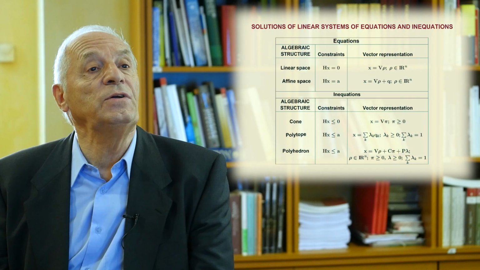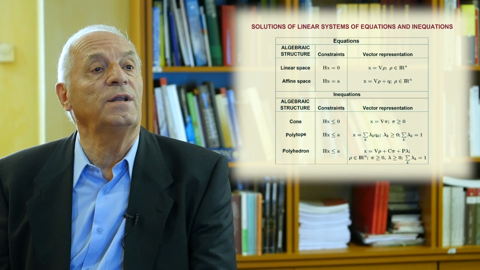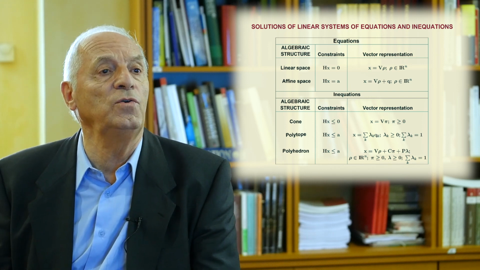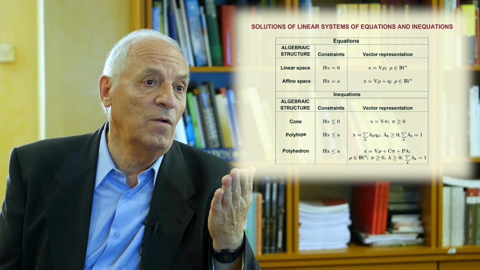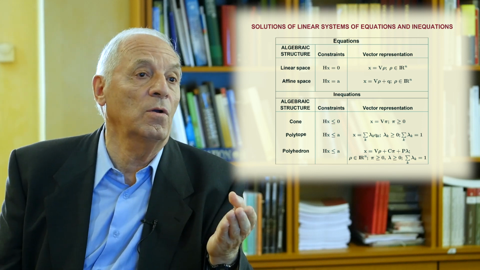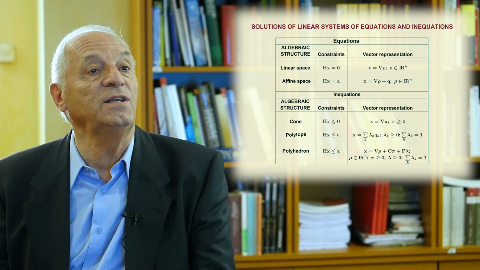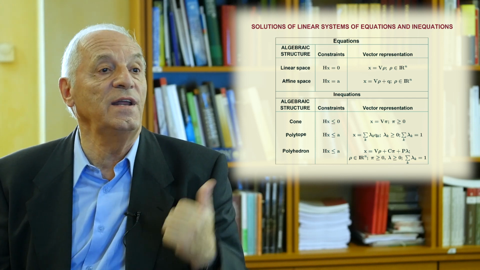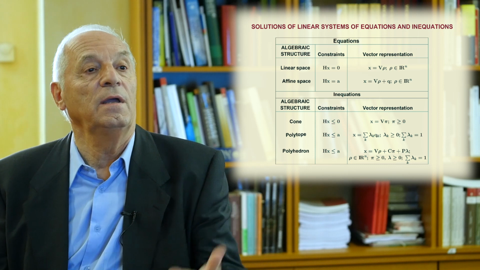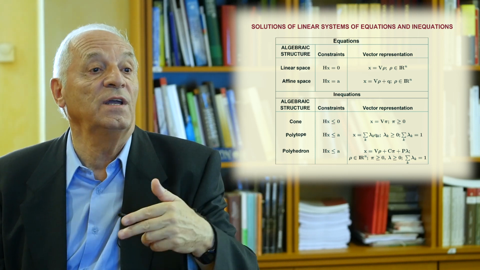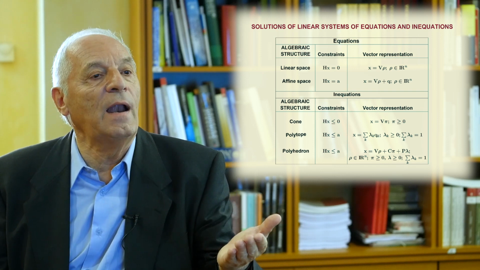In this table, which is very interesting, you have the general structures that you obtain when you use systems of equalities, homogeneous or complete, and systems of inequalities, homogeneous and complete. You can see that with equalities, you obtain linear spaces and affine spaces. And when you have inequalities, you get cones for the homogeneous case, and you get, in general, polyhedra.